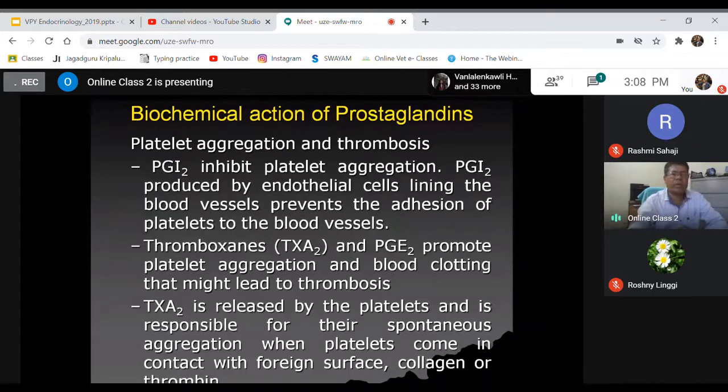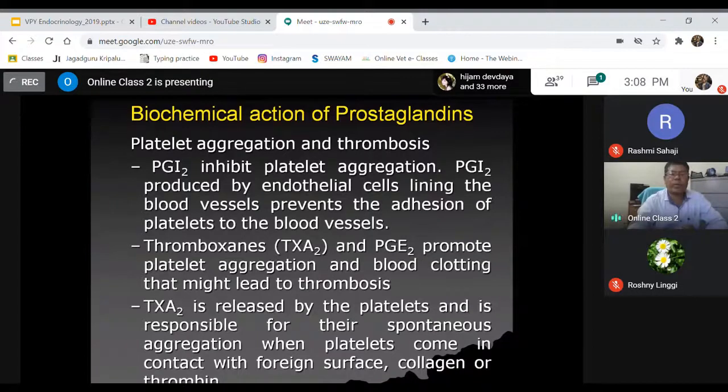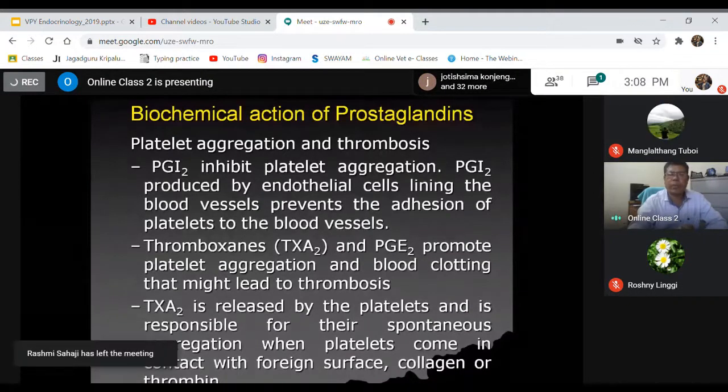Next is platelet aggregation and thrombosis. PGI2 inhibits platelet aggregation. PGI2, produced by the endothelial cells lining the blood vessels, prevents the adhesion of the platelets to the blood vessels.